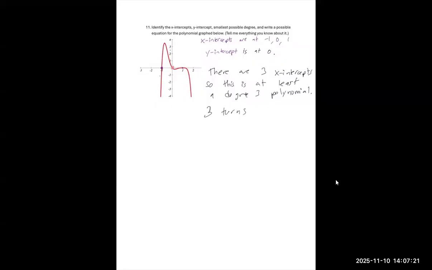And they say that the least this could be is 3 plus 1. So this is a degree 4 or higher polynomial, which is actually bigger than 3. From the first theorem, just looking at the x-intercepts, we could determine that it was at least a degree 3, but actually looking at the turns, we know it's a degree 4 or higher.